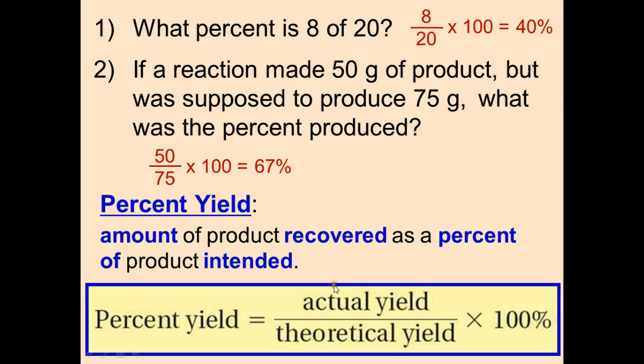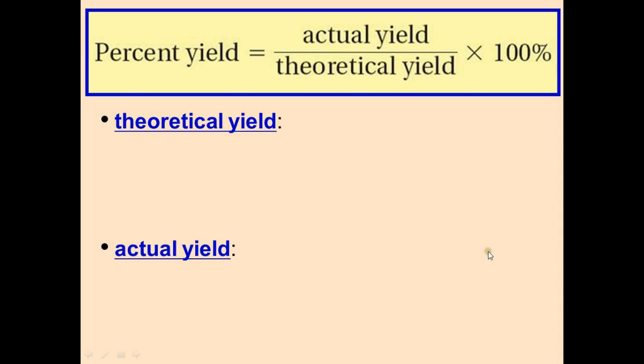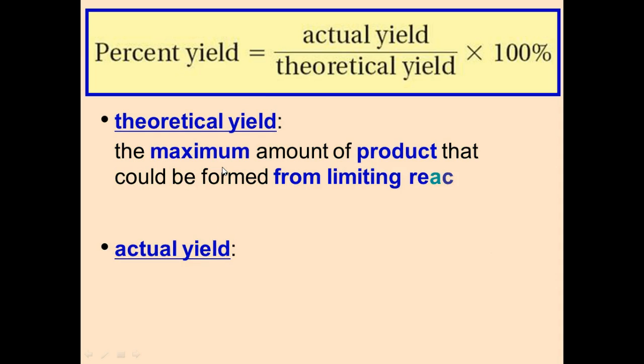What we actually got in real life is the actual yield, and what we calculated using these formulas is the theoretical yield, times 100. Theoretical yield is the maximum amount of product that could be formed from the limiting reactant, also known as calculated yield.